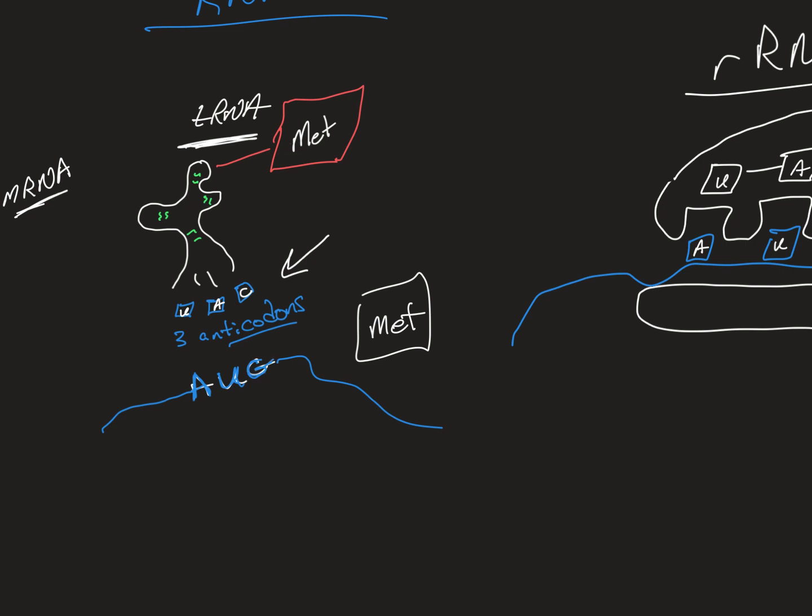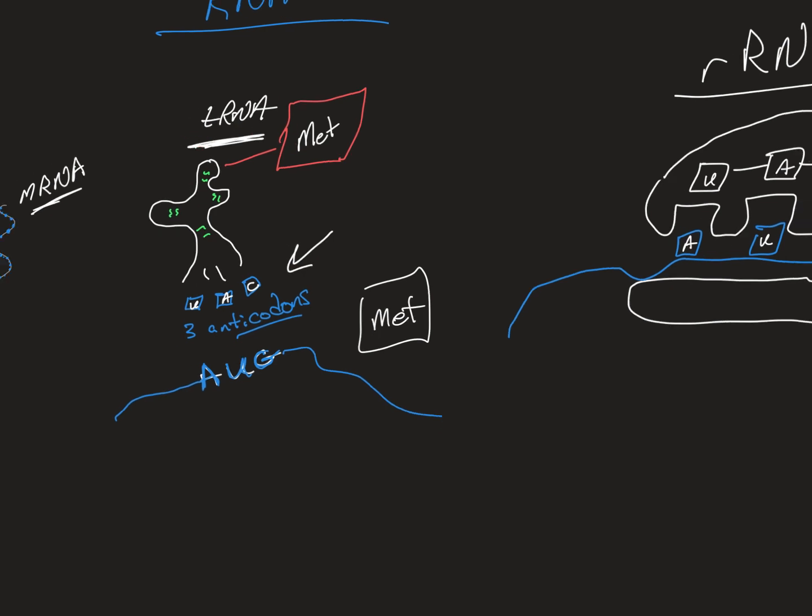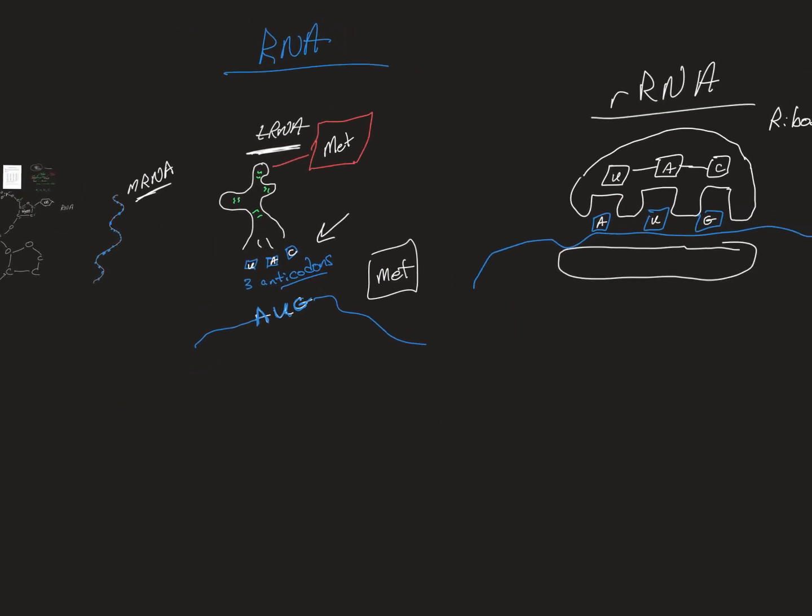But this tRNA is carrying an amino acid. MET is the amino acid, correct. The tRNA is made of RNA, that's why it's called that. If you want a name that makes sense, it's actually called transfer RNA. Why is it called transfer RNA? Because it's the RNA that's transferring the amino acid to the ribosome.